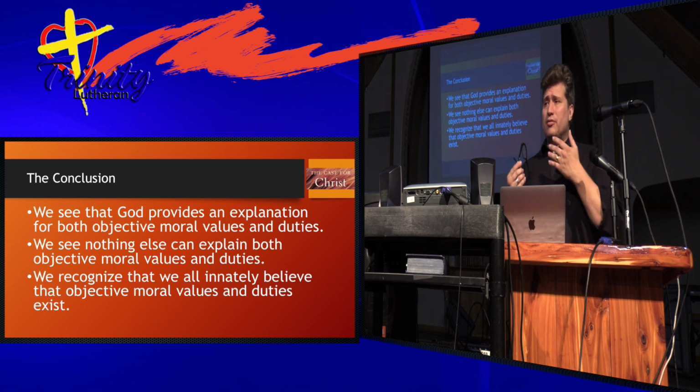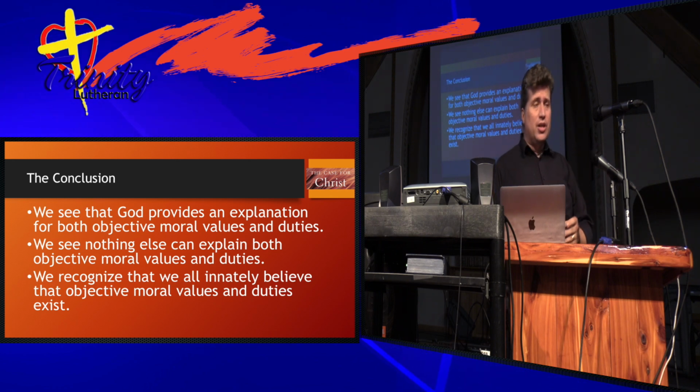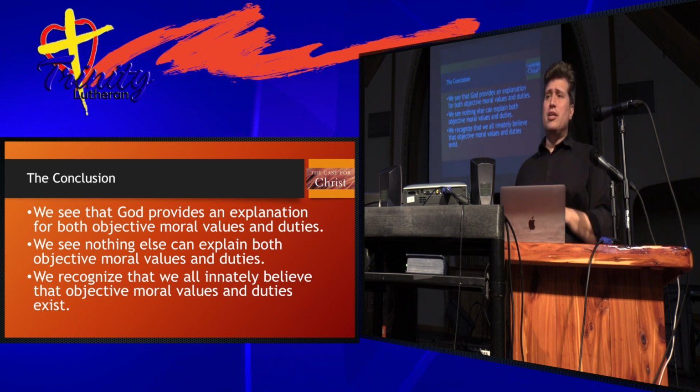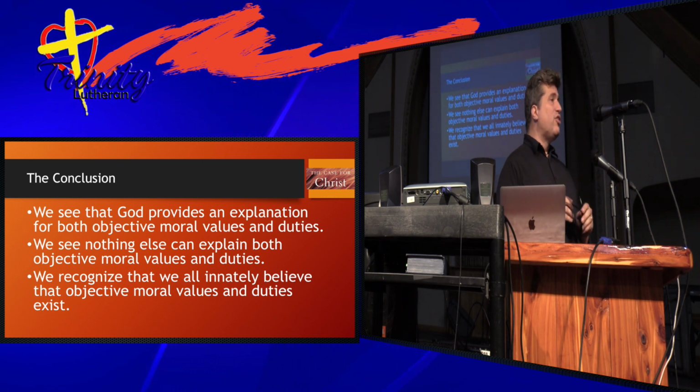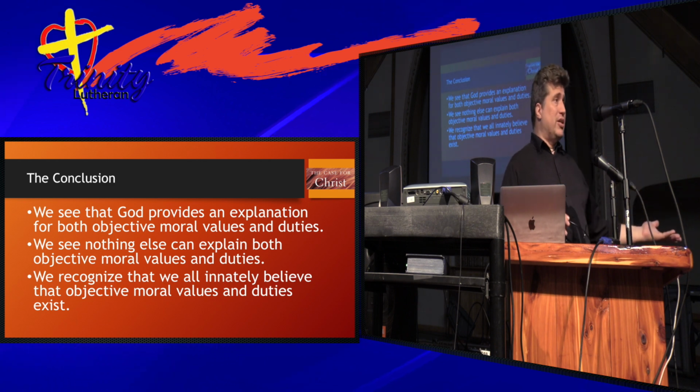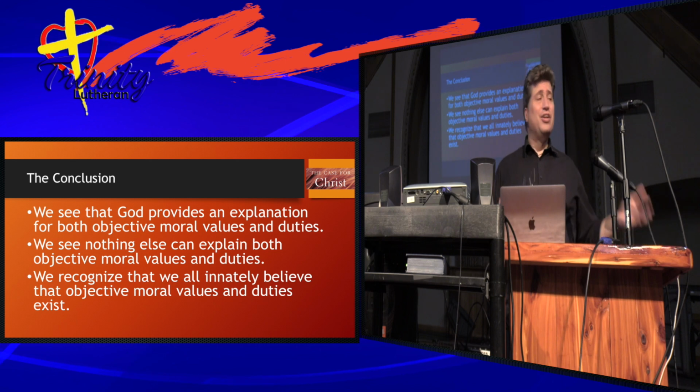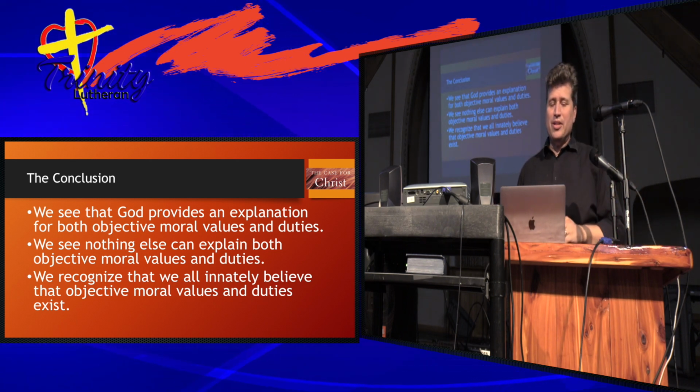They don't ultimately result in an objective standard. They always result in just subjective morality. We also see that when the chips are down, everybody assumes that morality is objective. If they don't think so, steal their wallet, see what they say, all right? They all believe there is a standard that applies.